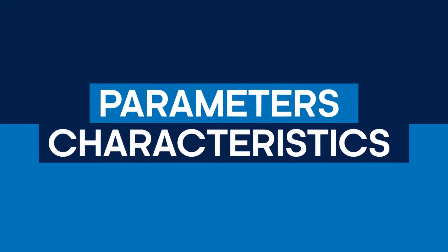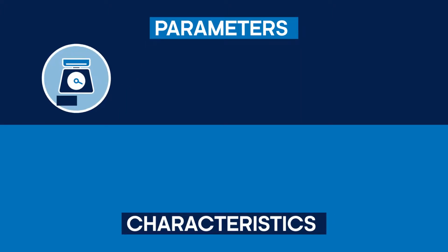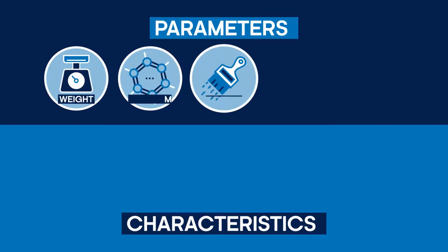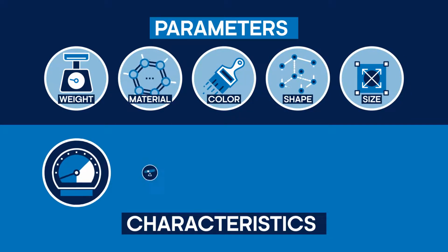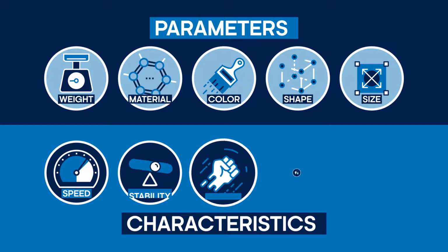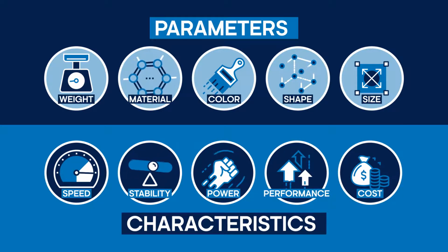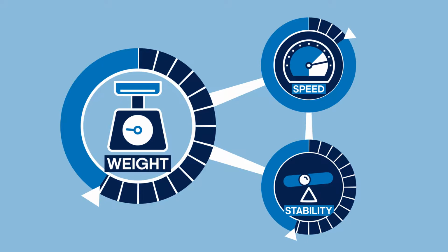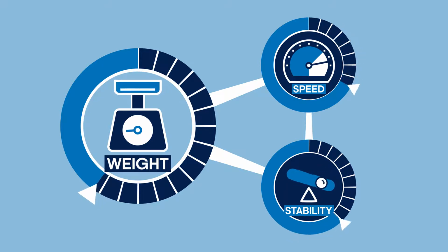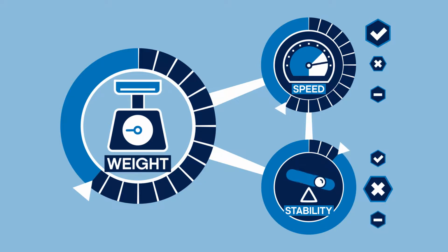It is important to clearly understand the distinction between parameters, such as weight, material, color, shape and size, and characteristics such as speed, stability, power, performance and cost. Parameters are controllable. Characteristics are the result of the chosen parameters. Any change in system parameters will result in changes to system characteristics, which are either desired, undesired, or neutral.